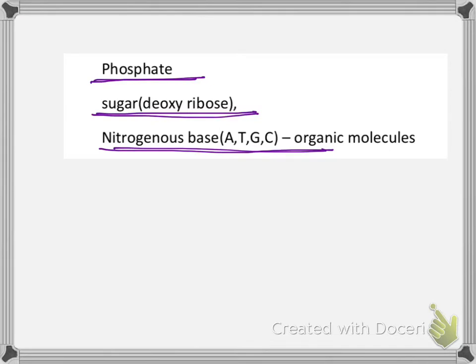The sugar is a pentose sugar, either deoxyribose or ribose. And the nitrogenous bases are adenine, thymine, guanine and cytosine. These are organic molecules.